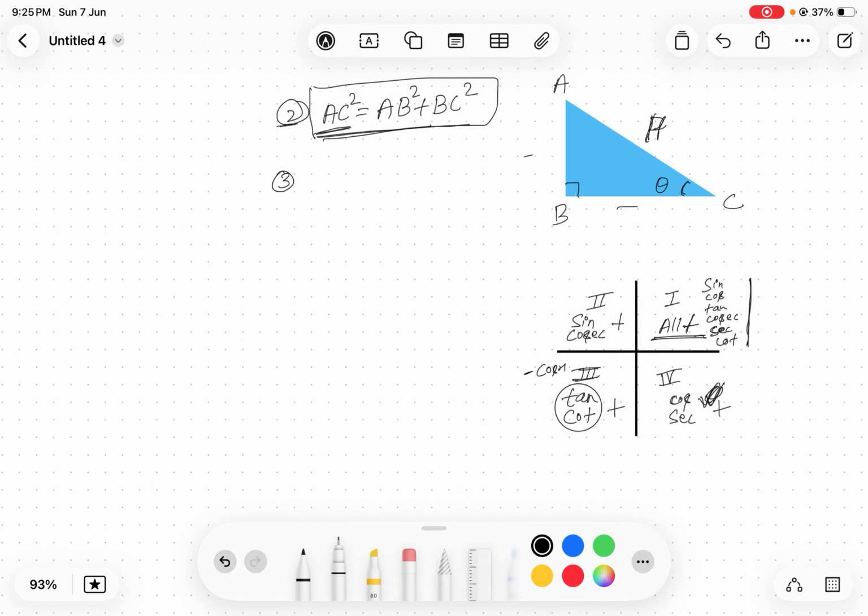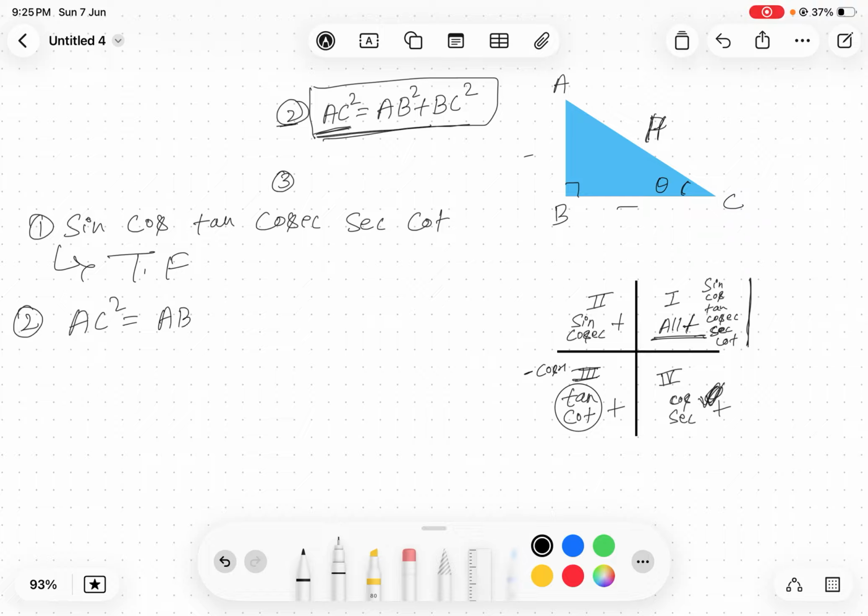Okay, so three things you have to note. First thing, sine, cos, tan, cosec, sec, and cot. These are the trigonometric functions, right? Second thing you have to note is Pythagoras that says AC square equal to AB square plus BC square.